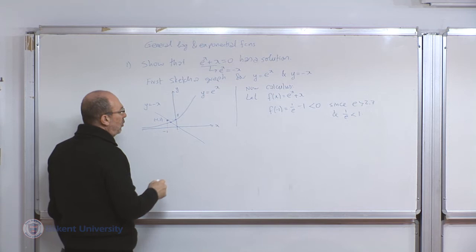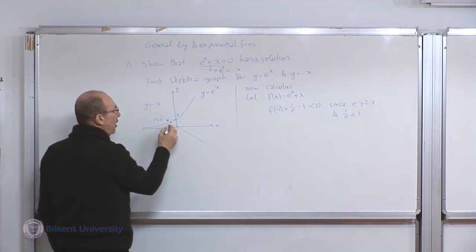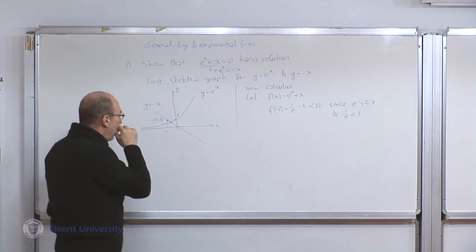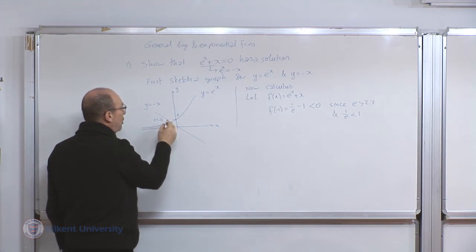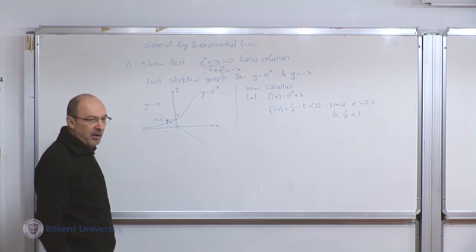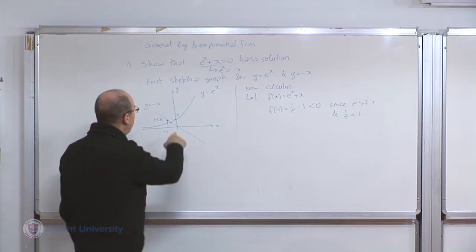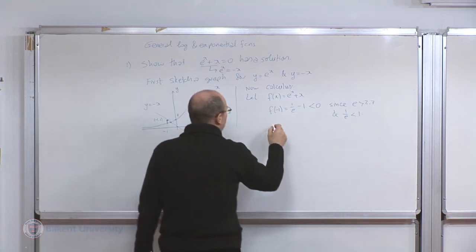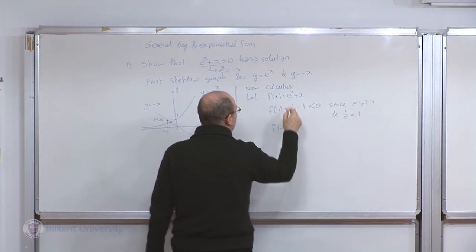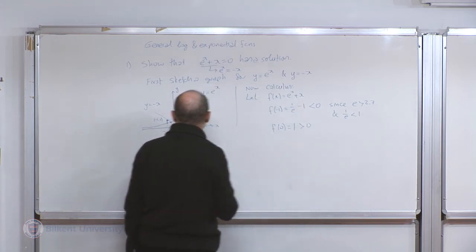Okay, so what we did is we convinced ourselves that at this point, I subtracted this number from this number, so this is the difference I find there. So I verified what I see in the picture, and then I do the same thing here. f of 0 is equal to e to the 0, which is 1, so this is positive.